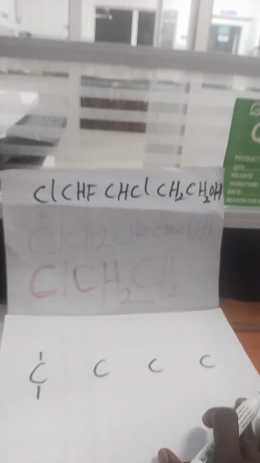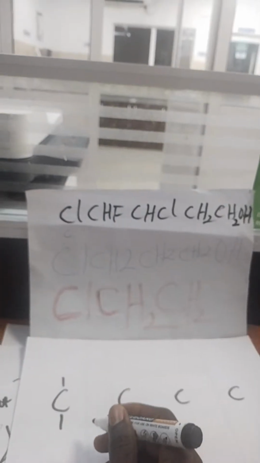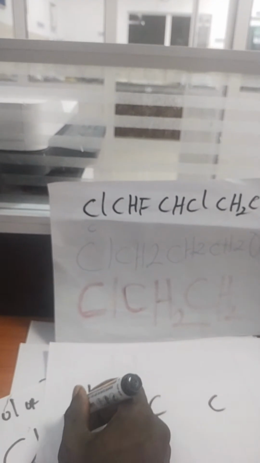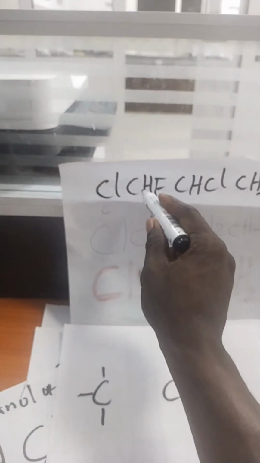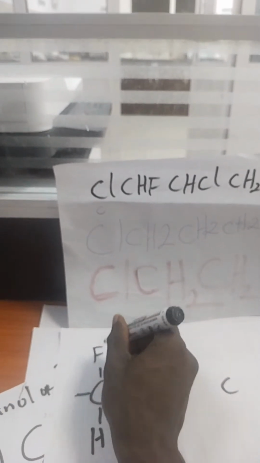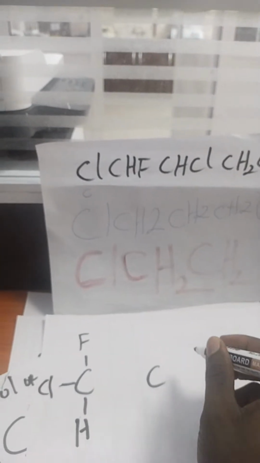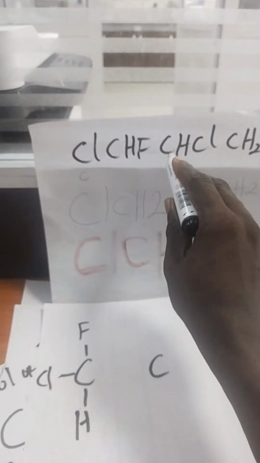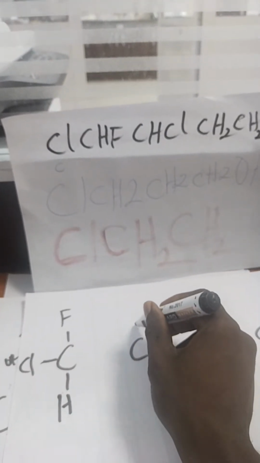So the first thing which you are supposed to do is to write the structure just as I've shown you. You write the first CH, that is this one, C, and you attach the H, and you attach the F, and you attach the Cl. We are done with that particular one. So you can now move to the second one. Let's leave the middle bond.